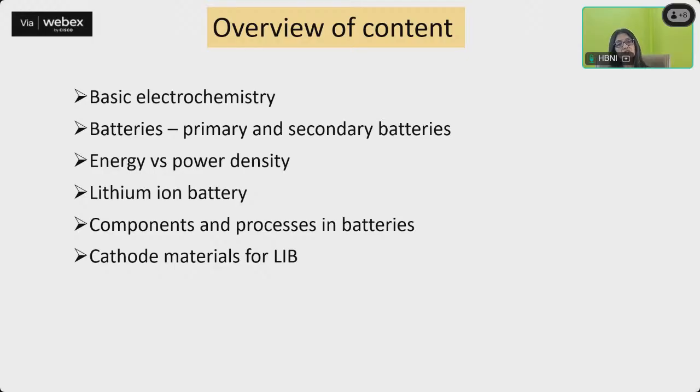Then we will discuss some common terms used with respect to battery and energy storage, which is energy versus power density. We will discuss a little bit on lithium-ion batteries, and then the components and processes which take place in batteries. And we will talk a little bit on cathode materials for LIB.